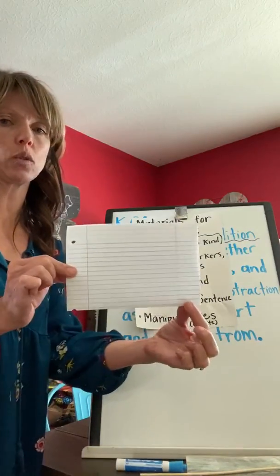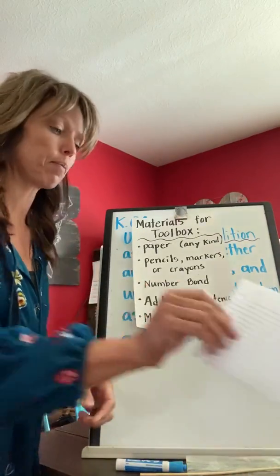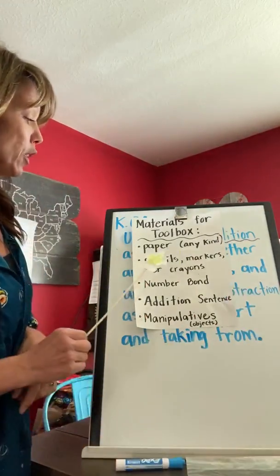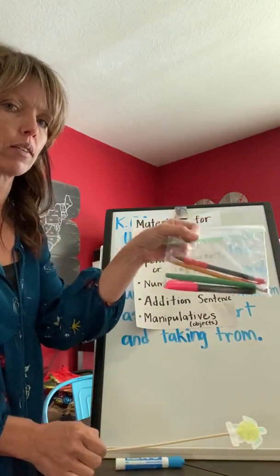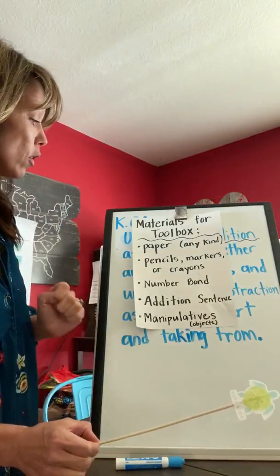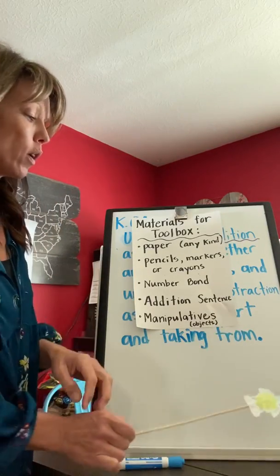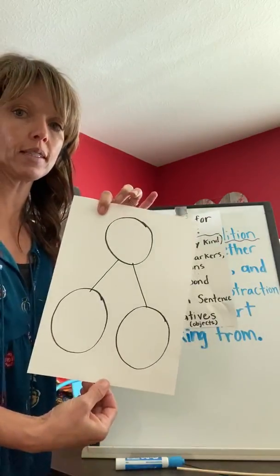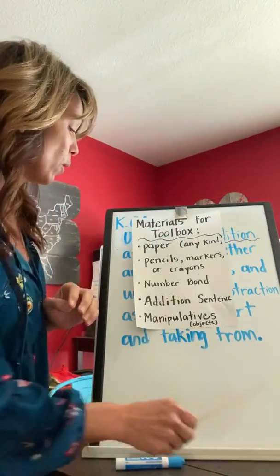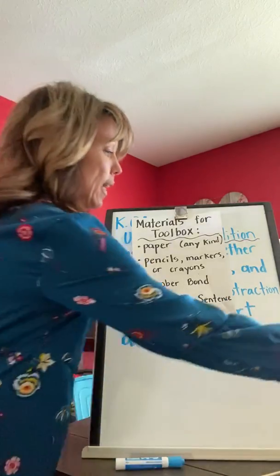I chose my lined one because that's just what I felt like using today. You're also going to need your baggie with your pencils, markers, or crayons. Have that right here. You are also going to need your number bond template that you made, so you'll need to have this. And you're also going to want to have your addition sentence handy.